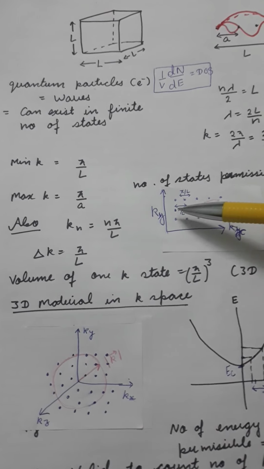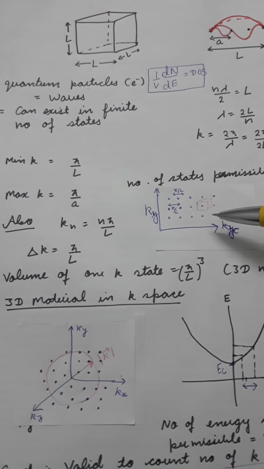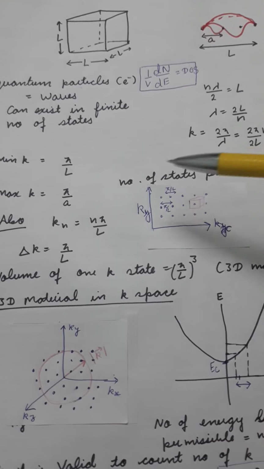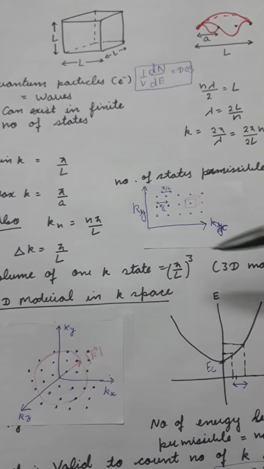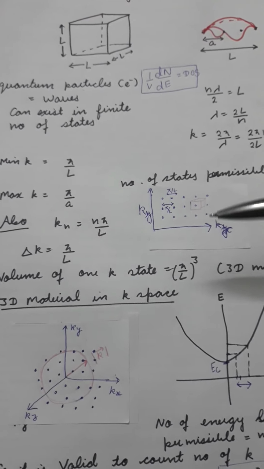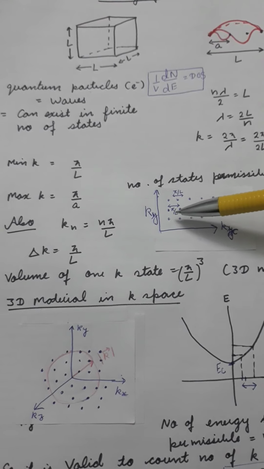These are all the k points that are allowed. This is the real space, and this is the reciprocal space, k space, or momentum space.